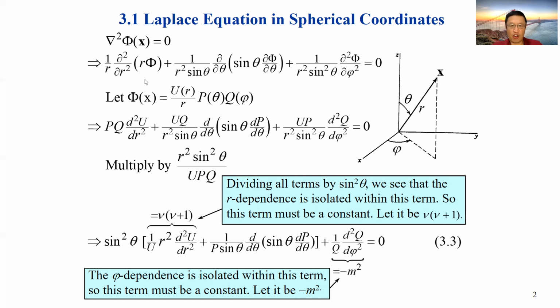So in terms of spherical coordinates, the Laplacian can be written into this form: 1 over r, partial square, partial r square, r times phi, plus 1 over r squared sine theta, partial theta, sine theta, partial phi, partial theta, plus 1 over r squared sine theta squared, partial square phi, partial phi squared, equals 0.